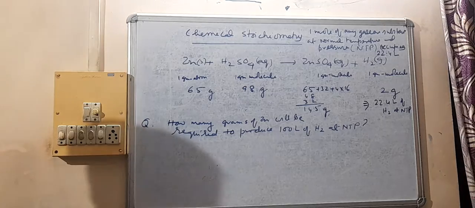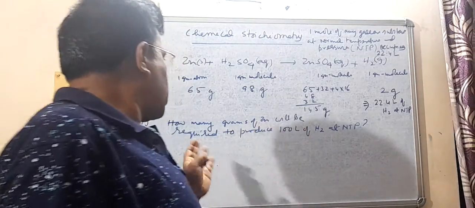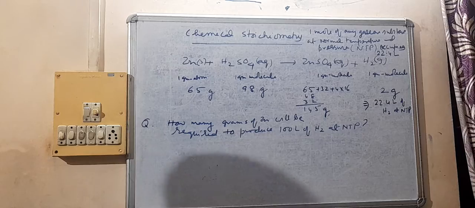Suppose this is a question. How many grams of zinc will be required to produce 100 liters of hydrogen at NTP?